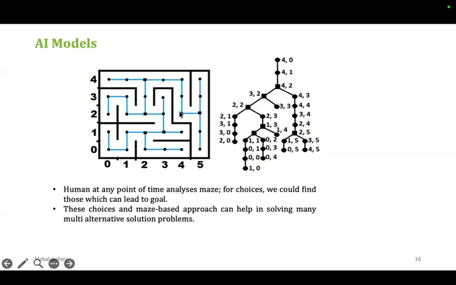From this nodes and segment structure, a tree structure can be created. Creating a tree structure from this 2D plane is very easy, by connecting the nodes according to how they are connected. For example, this node is referred to as 1,0.